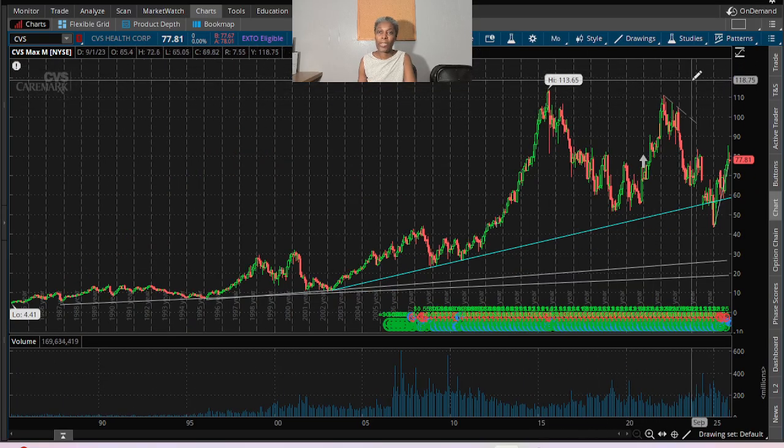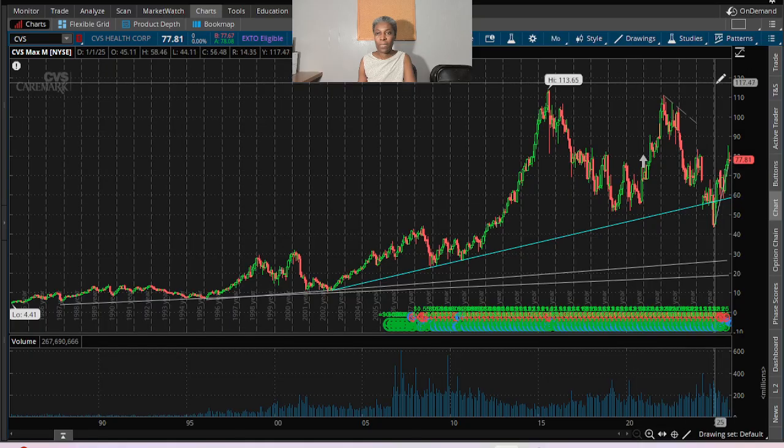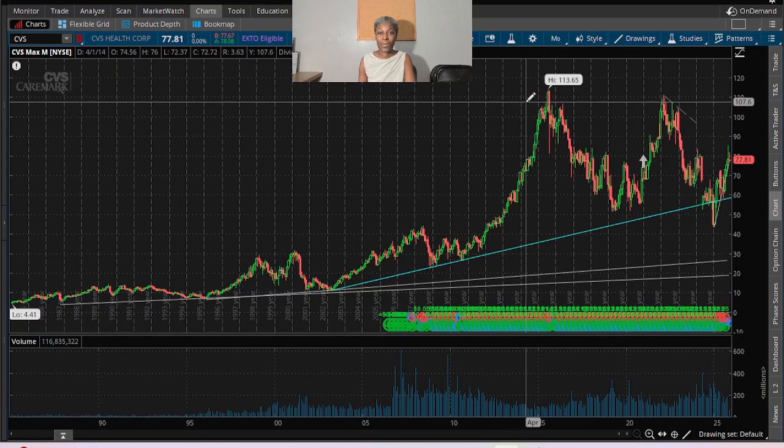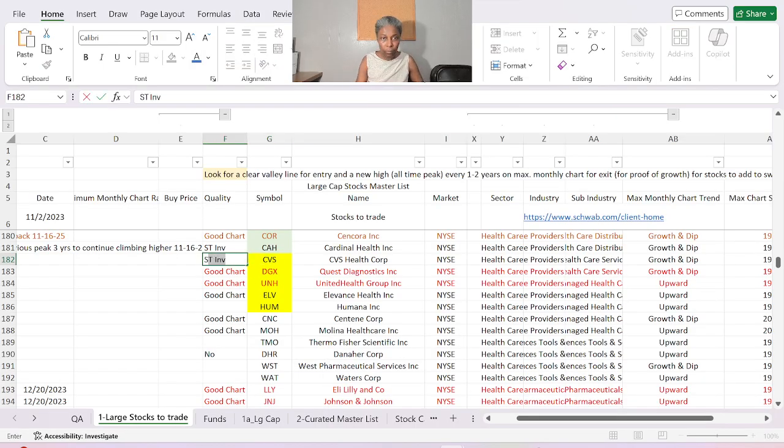It's not creating higher highs here, but I like to see, you know, if there is, we can give it an exception. Those are decisions you have to make for yourself when you are analyzing those charts. And this is just a preliminary selection. And if you have too much in your list, once you pull those out, you can reanalyze those charts again and shrink it down again.